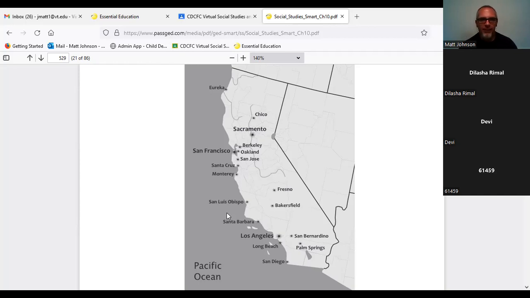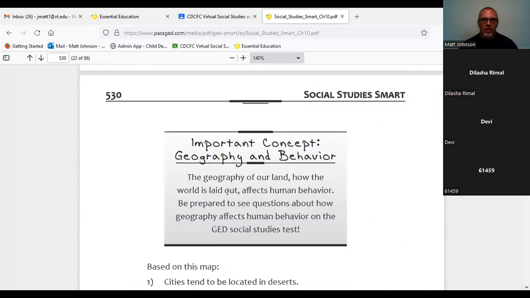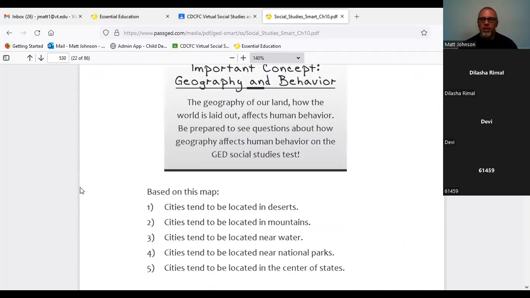Santa Cruz, Monterey, San Francisco, Oakland, Berkeley, Sacramento, Eureka, way up there on the northern part of California, Long Beach, San Diego, LA, Santa Barbara. So then taking a look, what are we talking about here?